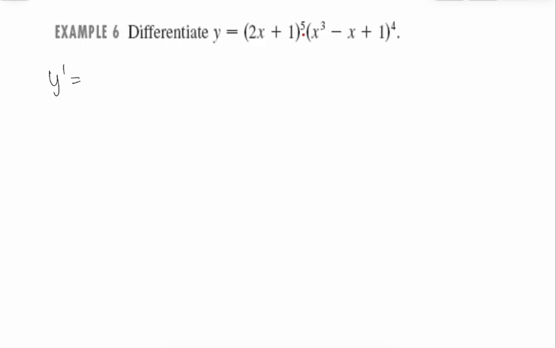So it's going to be first, leave it alone, times the derivative of the second. Now, to take the derivative of that polynomial, it's a power chain. You're going to drop the 4 down in front. Stuff stays. Power goes down by 1. Don't forget to multiply by the derivative of the inside. Make it in parentheses. So that would be 3x squared minus 1.